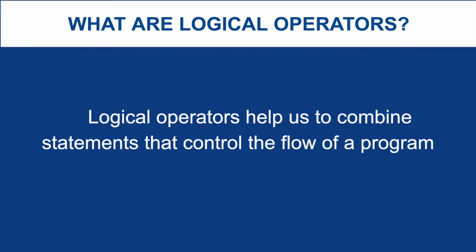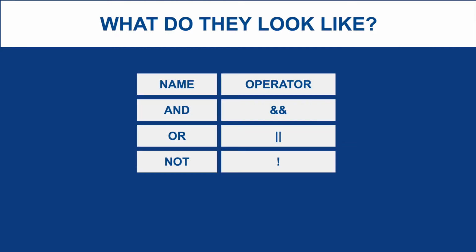But what exactly are logical operators? Well, logical operators help us to combine statements that control the flow of a program. This is actually what they look like. On the left-hand side, we have the name, and on the right-hand side, we have the operator. That's what you're actually going to be using when you type this out into a program.